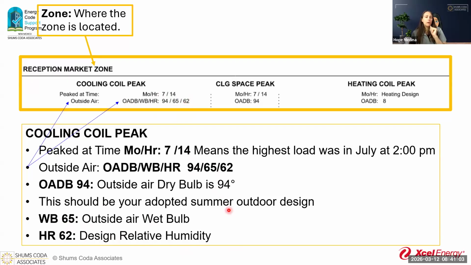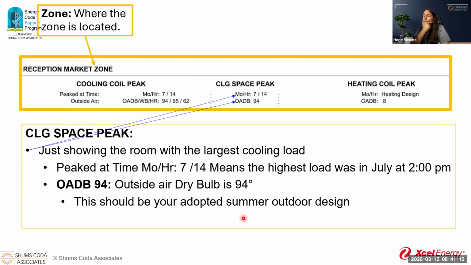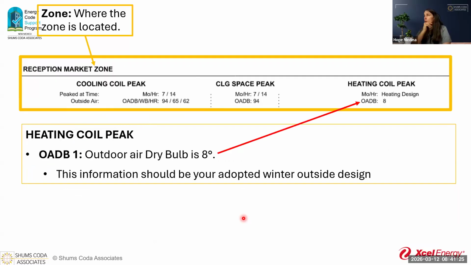Now, the one thing I do want to do is jump back to that outdoor air dry bulb temperature. That number really should be whatever your adopted temperatures are for the jurisdiction that you're working in, whatever the summer outdoor design temperatures are.